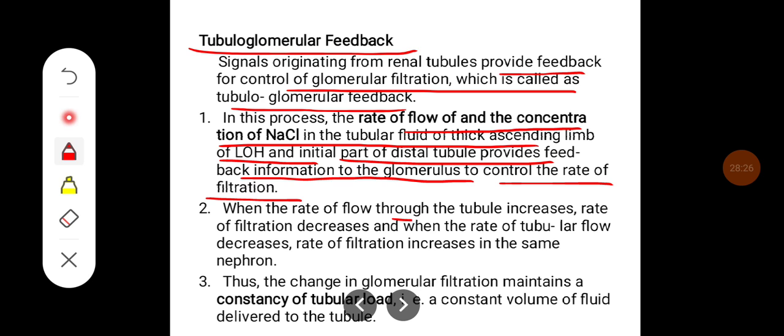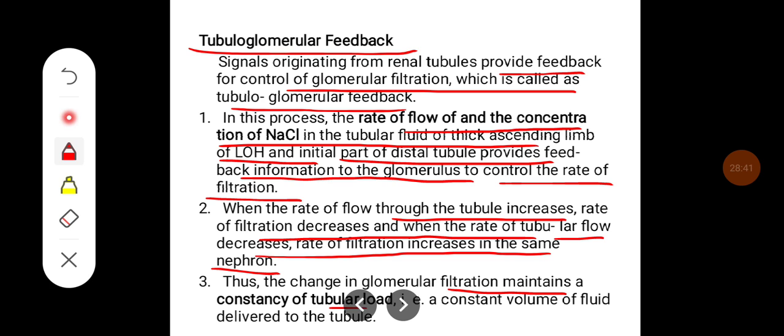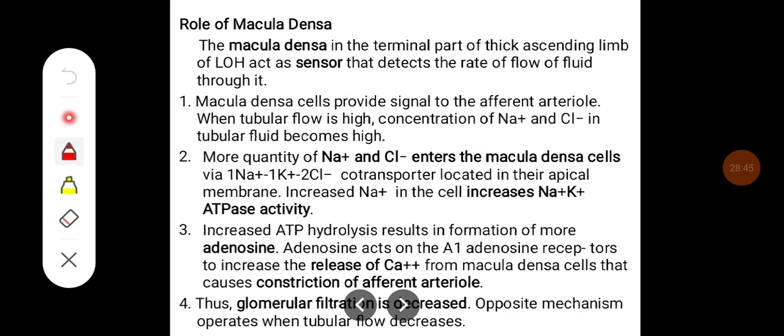When the rate of flow through the tubule increases, the rate of filtration decreases, and when the rate of tubular flow decreases, the rate of filtration increases in the same nephron. Thus, the change in the glomerular filtration maintains constancy of the tubular load, that is, a constant volume of fluid is delivered to the tubule.